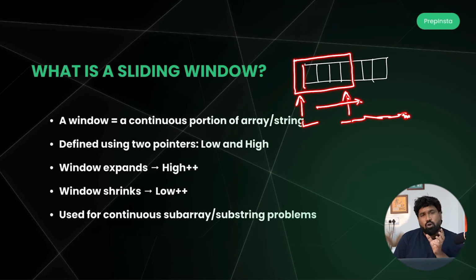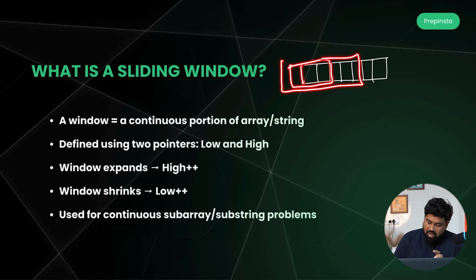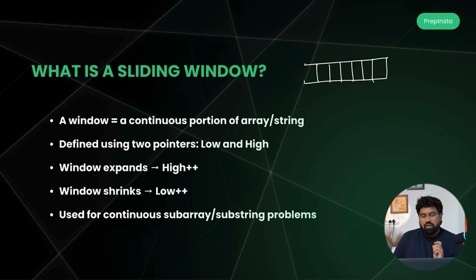And sometimes I want to reduce the size of the window, sometimes expand the size of the window. That is called a dynamic window. Sometimes I need to increase the low value, and sometimes I need to reduce the high value as well. So based on that, it will sometimes expand or shrink. This is the concept of sliding window.